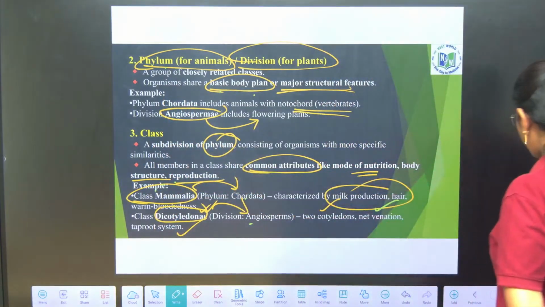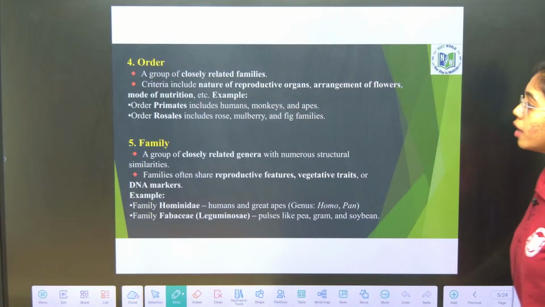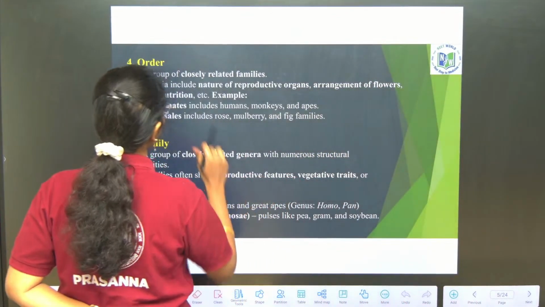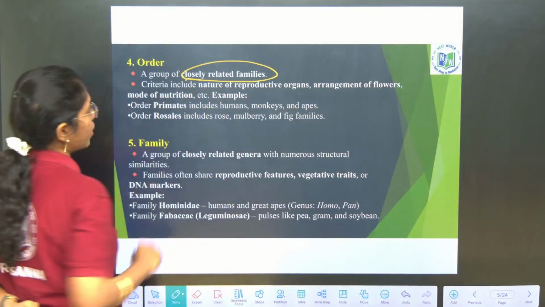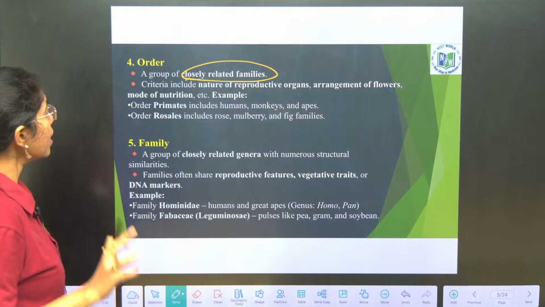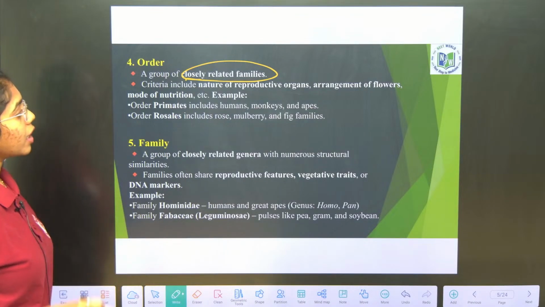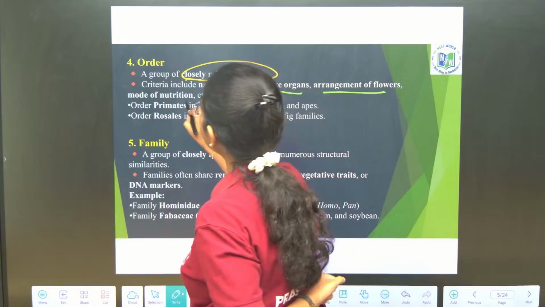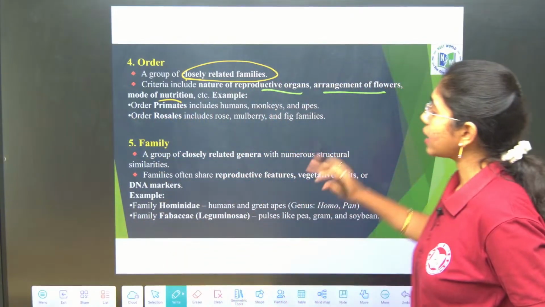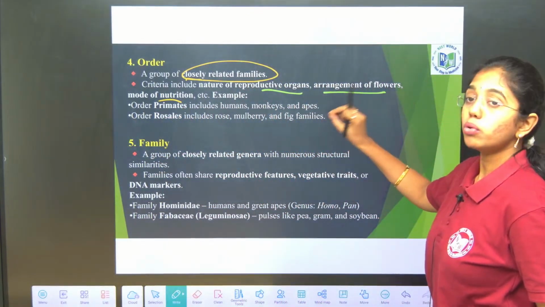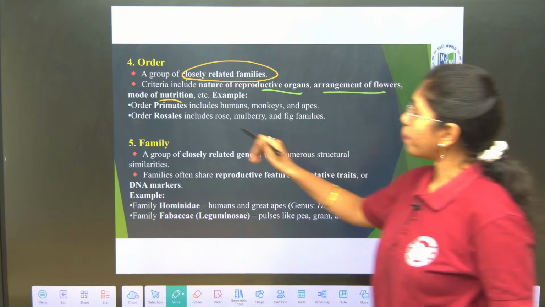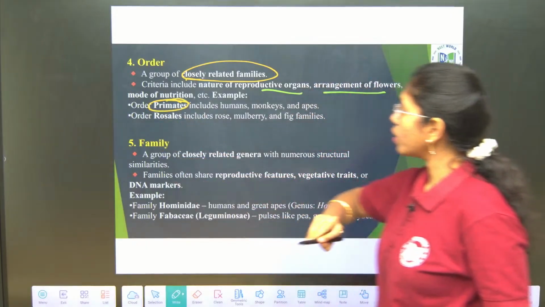After class it is what? Order. A group of closely related families are kept under one order. This criteria includes what? Nature of reproductive organs, arrangement of flowers, mode of nutrition. These are a few similar characteristic features described here. Order Primates will include what?